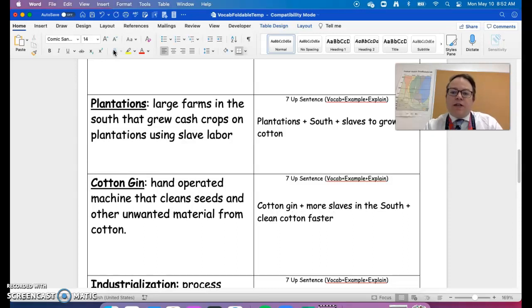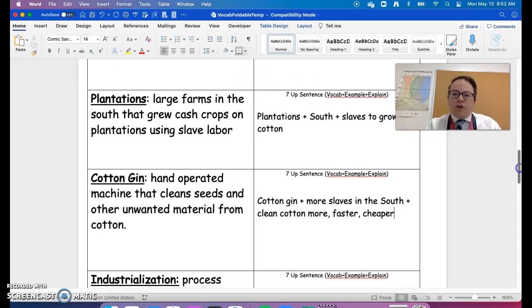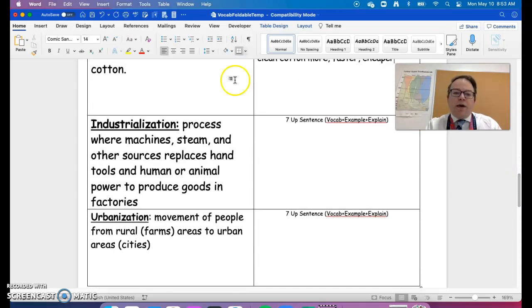And you're going to hear this: more, faster, and cheaper. That's going to be the big thing of our next vocabulary term, which is industrialization. Okay? Under the process of industrialization, this happened largely in the North.